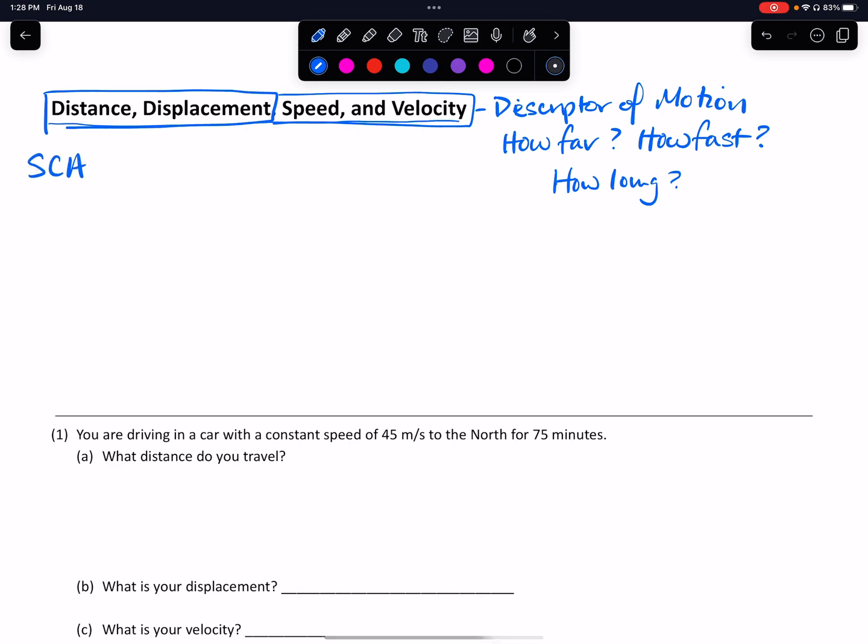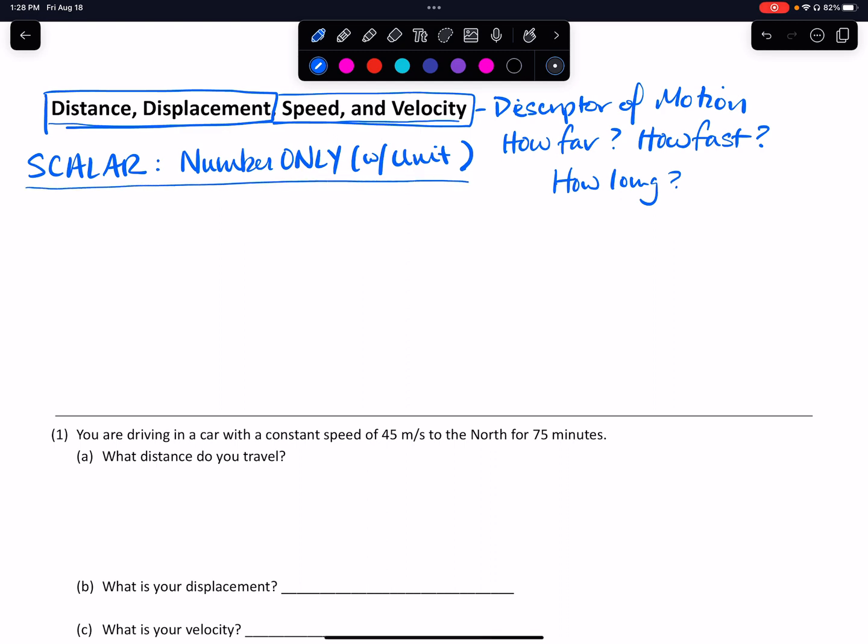We have scalar measurements, which are those with a number only, and that should include a unit. We know that when we make measurements, we need to include a unit. So scalar quantities have a numerical value only, the magnitude of that measurement.